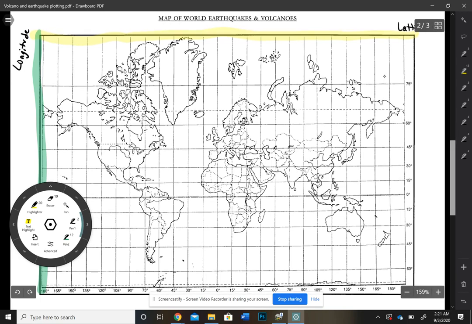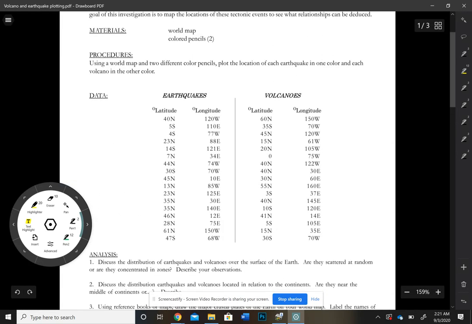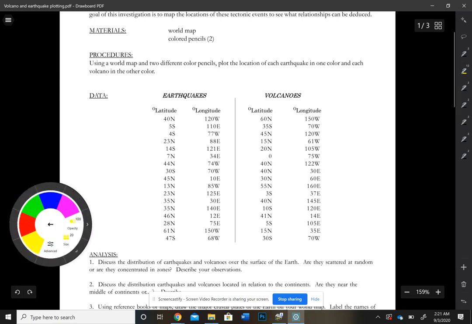Okay, so how I like to do this is I'll take my highlighter and I like to make volcanoes red because I always think of volcanoes as being red. And let's make earthquakes blue. That's dark.